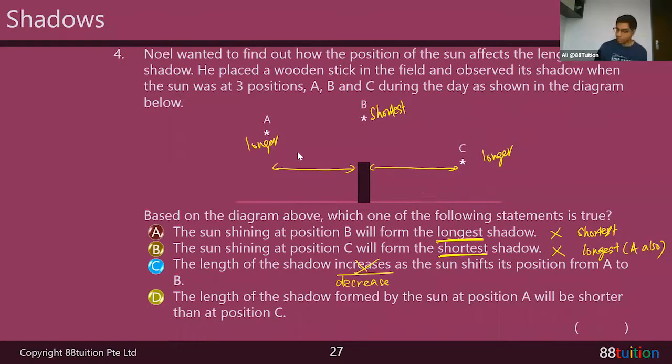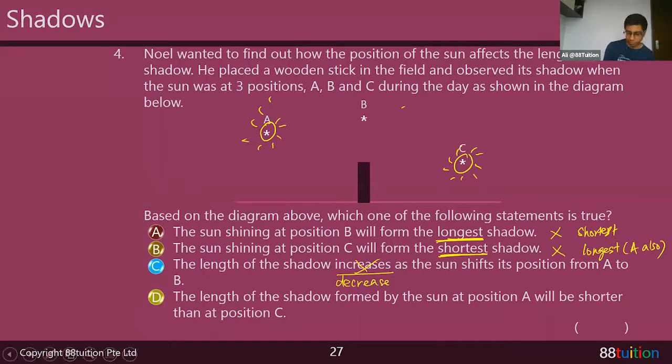Okay, so all 3 answers A, B, C are out. Then D says the length of shadow formed at position A will be shorter than position C. Why? Now this distance is the same, but the sun at A is higher. Let's erase everything so you can see clearer. Now you see the sun is here versus the sun is here.